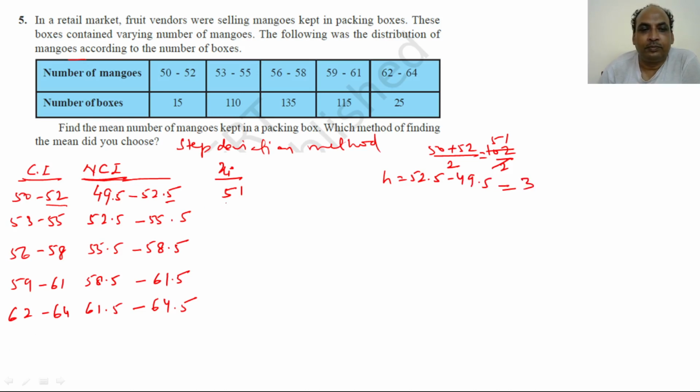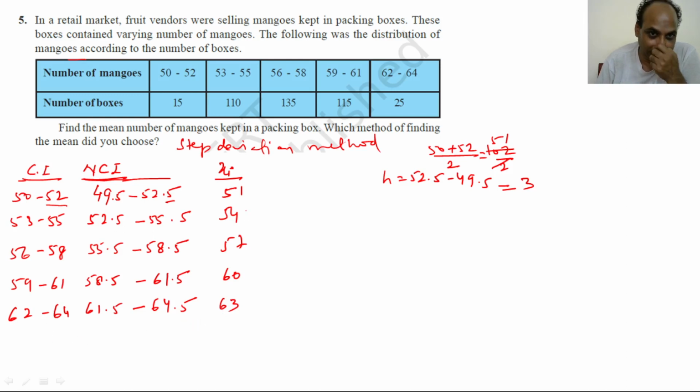So we add 3: it becomes 54, 57, 60, 63. If you want, you can check. 0.5 has become 1, so 61 plus 1 is 62; 62 plus 64 is 126, divided by 2, giving 63.